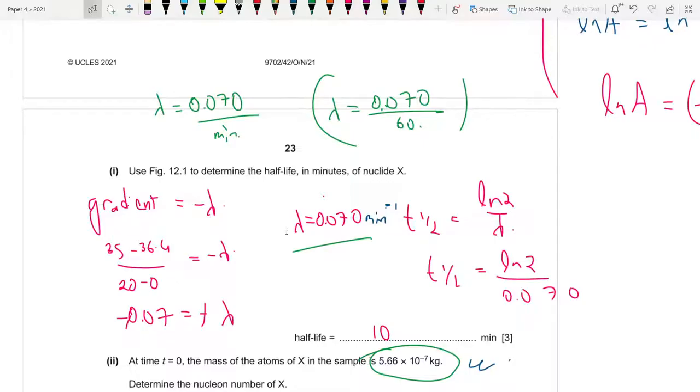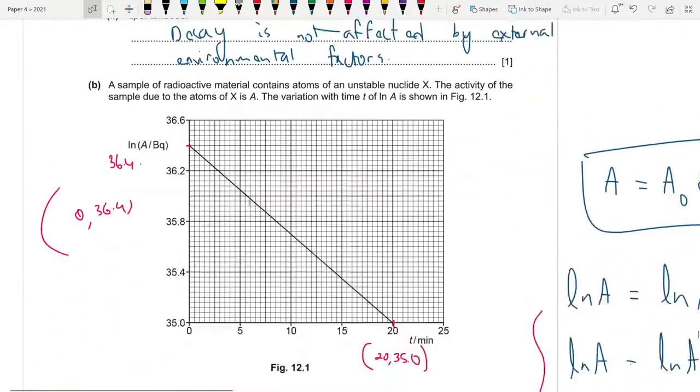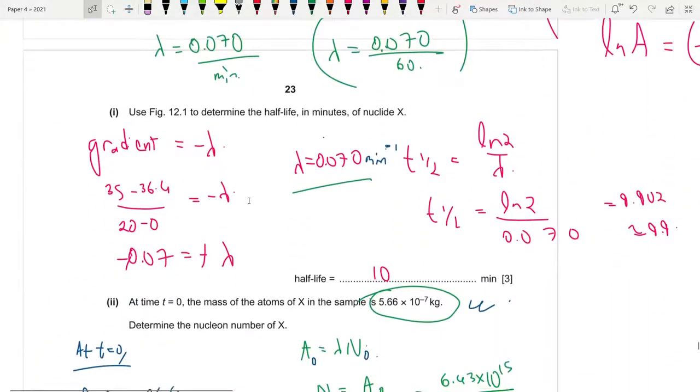So for some reason they wrote 10 minutes. I don't really know why. It's 9.90 exactly. Ln 2 divided by 0.070 is 9.902. This should be rounded off to 9.9 to 2 SF. I don't know why they wrote 10. Maybe it's in minutes or something. This is an anomaly. Don't trust this.